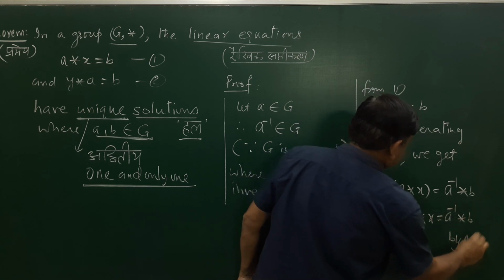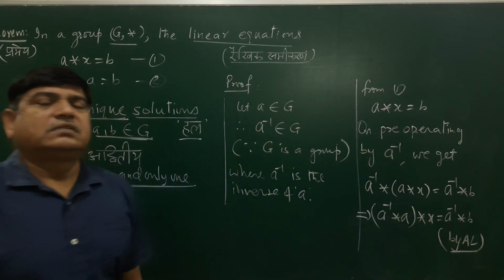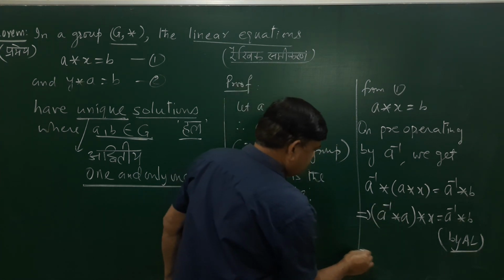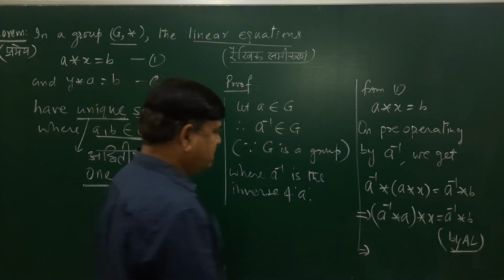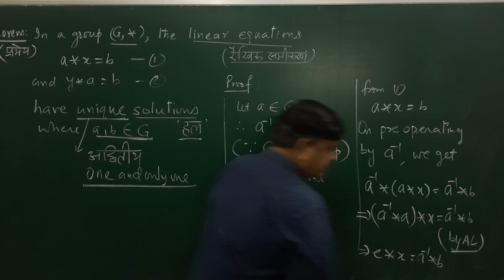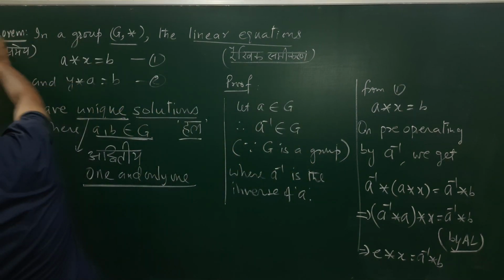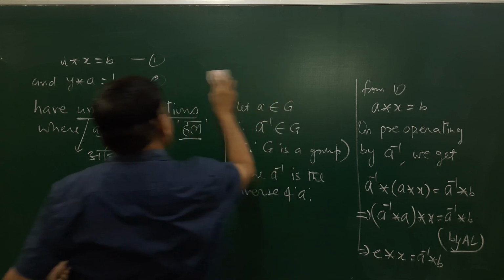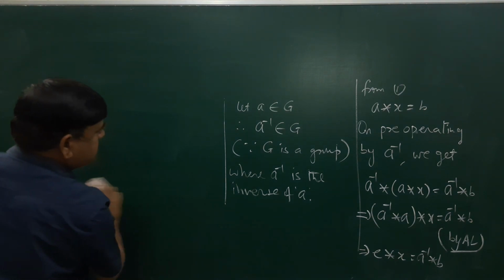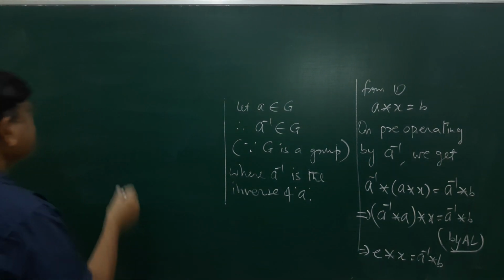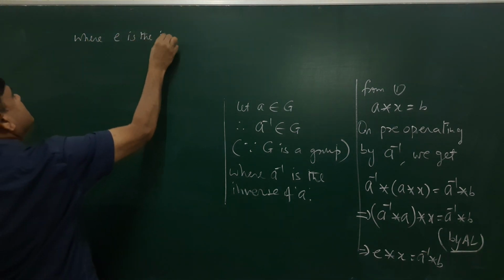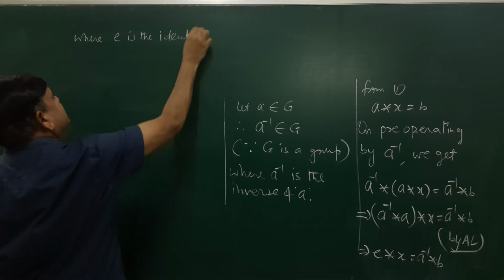By the associative law, a inverse composed with a gives the identity, that means a inverse a is the identity e, where e is the identity element.